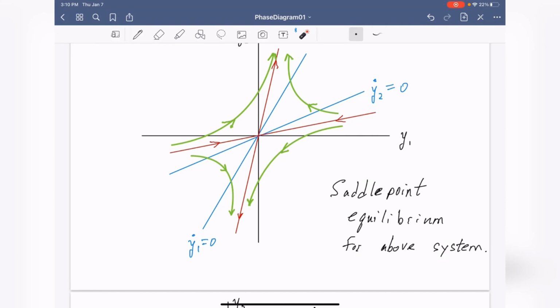So what that implies is that if you start off on a point here, or indeed any point along this red line, you're going to reach the equilibrium. However, if you're off of that line at all, you're going to go away from equilibrium depending on the exact direction and where you start off. So we refer to this as a saddle point equilibrium because your saddle is given by this red line and everything falls off of it to one side or the other.